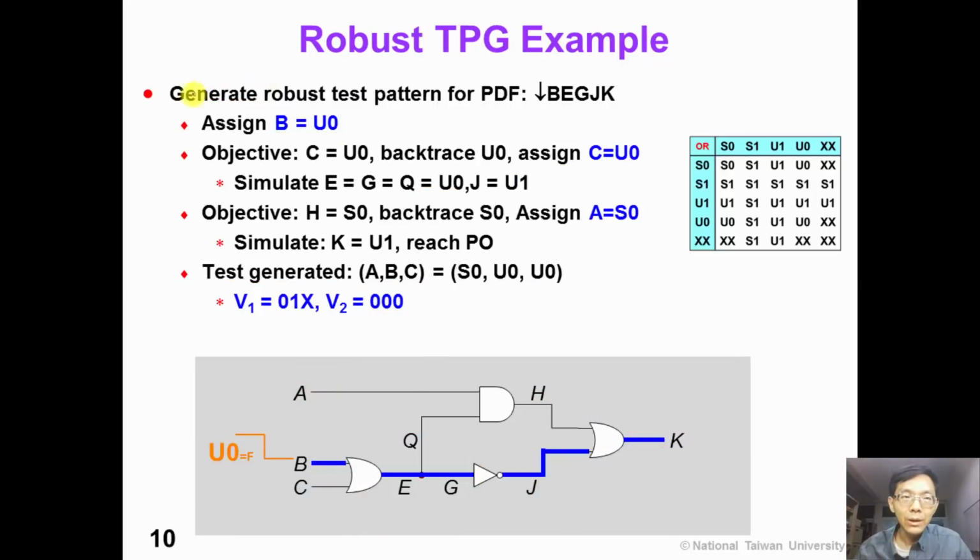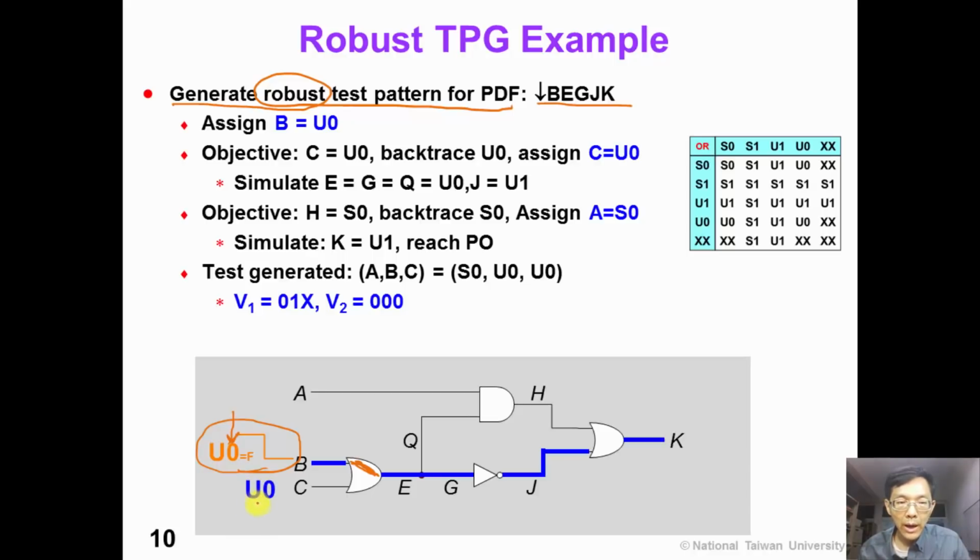Okay, now let's generate a robust test pattern for the same path B-E-G-J-K, which is highlighted in blue. At the starting point B again, we assign B to be U0. Now we want a robust sensitization through this OR gate. Since 0 is a non-controlling value, we don't require a static 0.